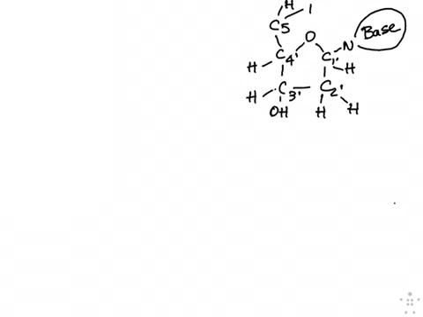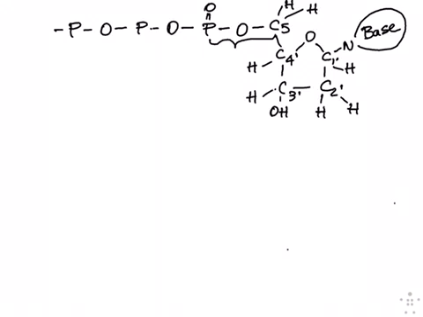And here already we have an ester bond right here. But now the process of uniting one nucleotide with the other nucleotide involves the formation of a new ester bond.